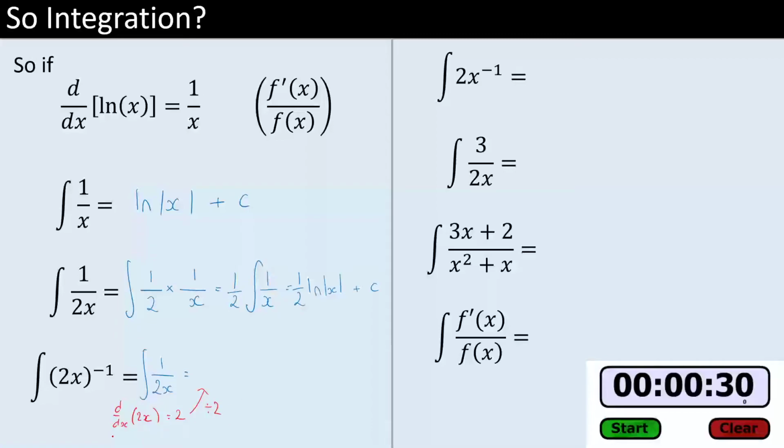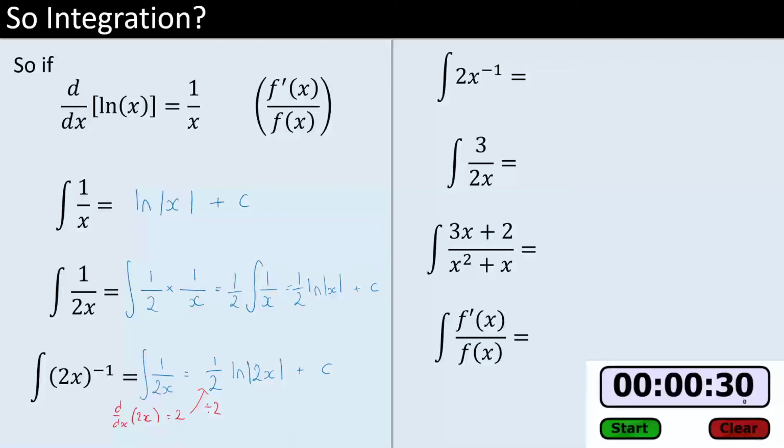So what I'm going to do here is instead of getting 2 over 2x, I'm just going to do a half. I'm going to have a half ln 2x plus c.